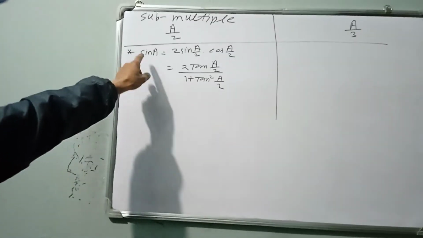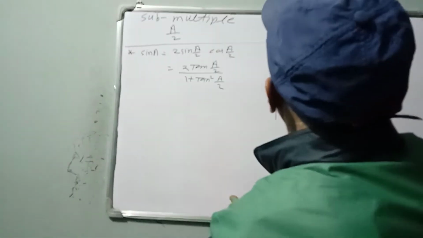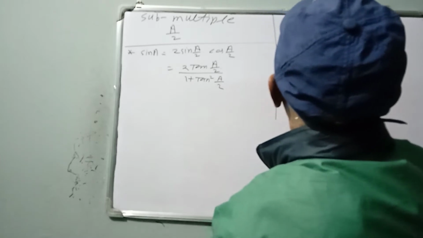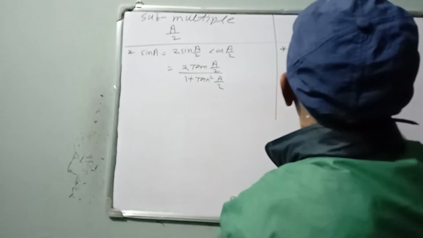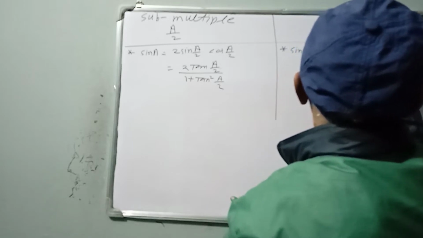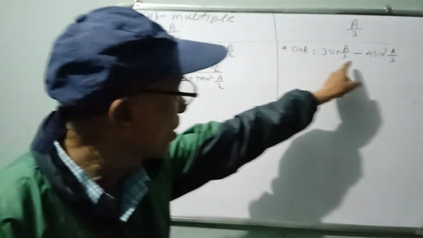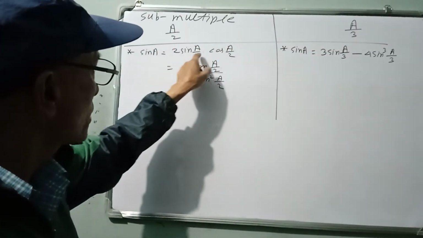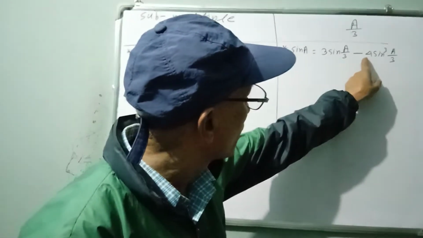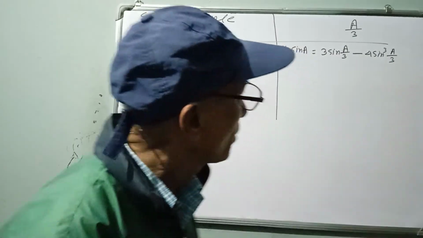Half angle formula for sine A. For sub triple angle, the formula of sine A is the same. Sine A can also be written as 3 sine A by 3 minus 4 sine cube A by 3. Sine A, same formula, but here 2 sine A by 2 cos A by 2, because it is half angle. Sub triple, sine: 3 sine A by 3 minus 4 sine cube A by 3.